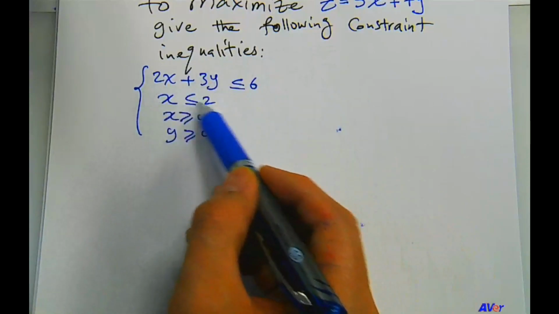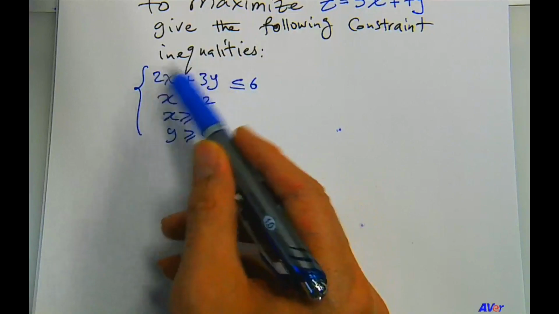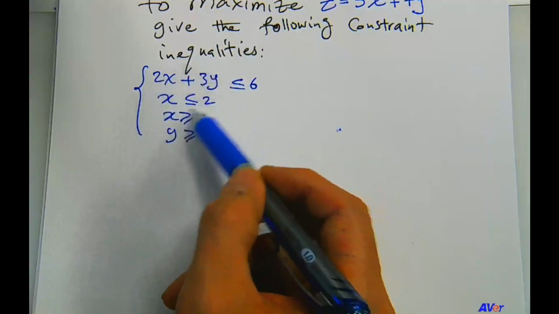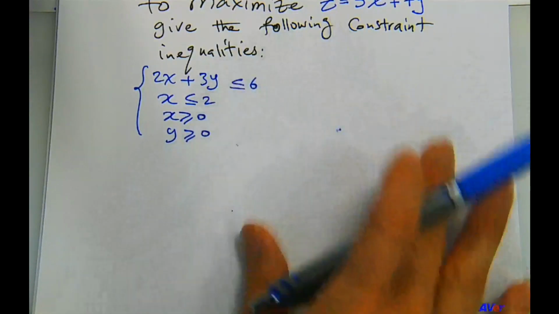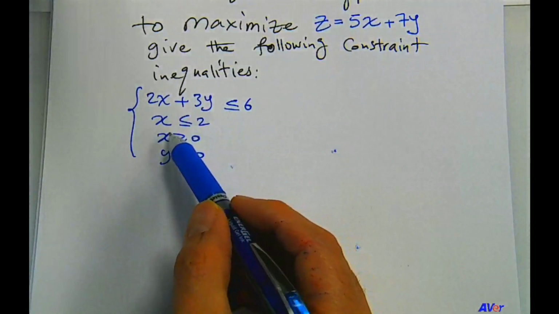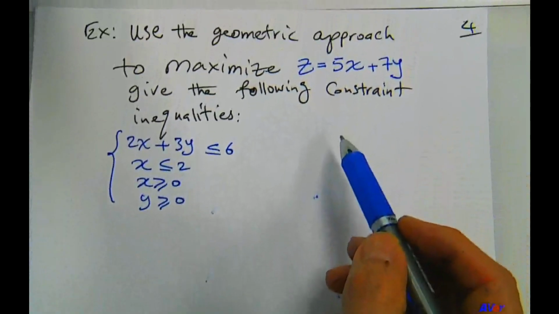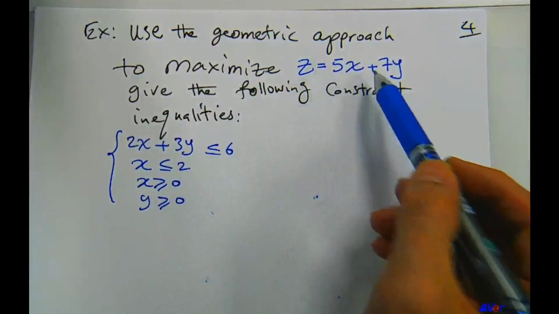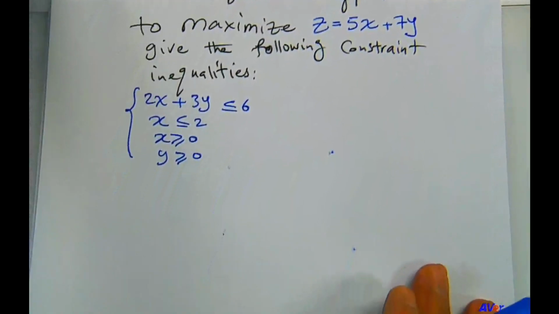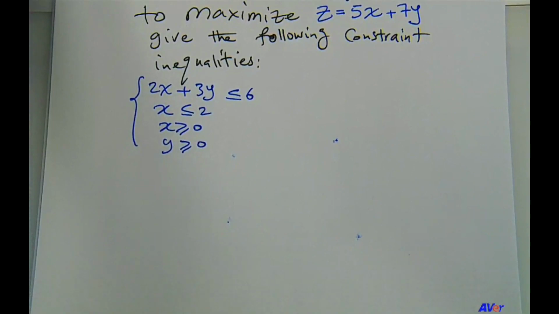We're going to repeat with this line and this line and this one, and then see where all solutions overlap. And then, because we're optimizing in this case, we're going to need to find the coordinates of the corner points. And then we can plug in those corner points in this objective function to figure out where we have a maximum.